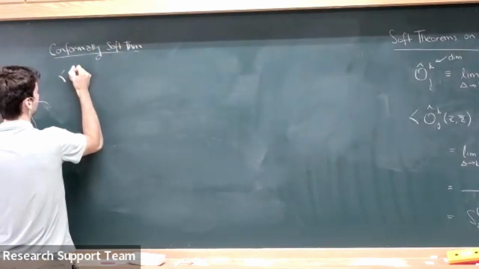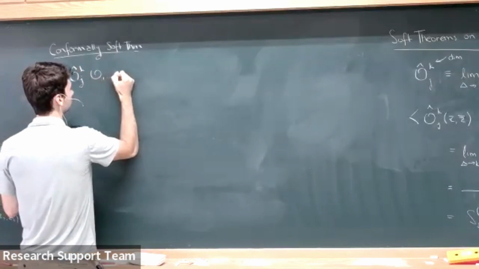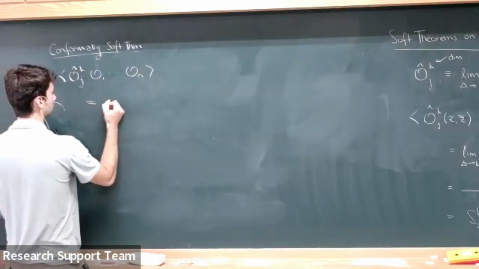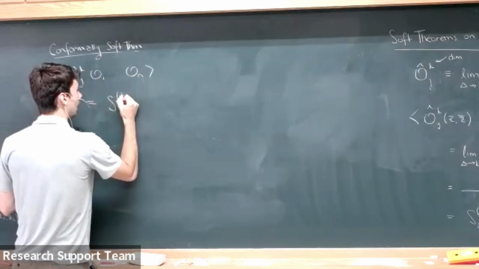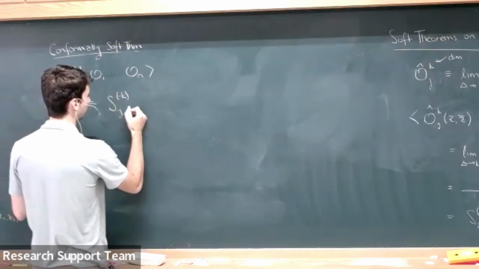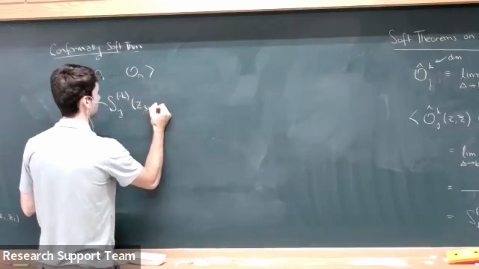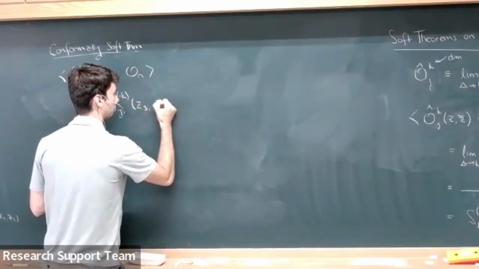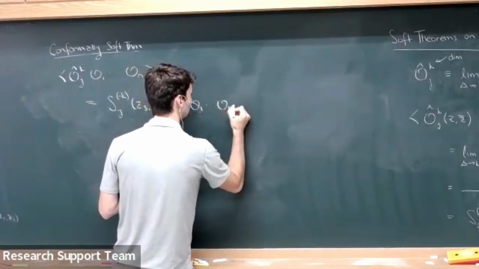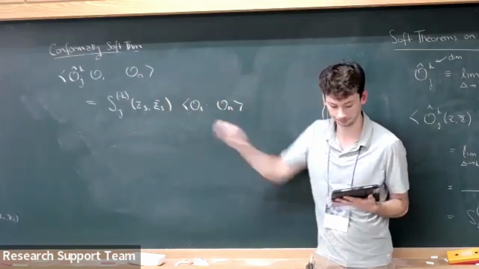So the conformally soft theorem relates the scattering amplitude with this hatted operator to a celestial amplitude without the hatted operator. And how they're related is via this soft theorem at the K-th order acting on the celestial amplitude of n particles. Okay, so this is the big result.